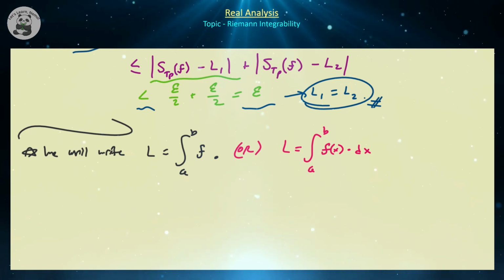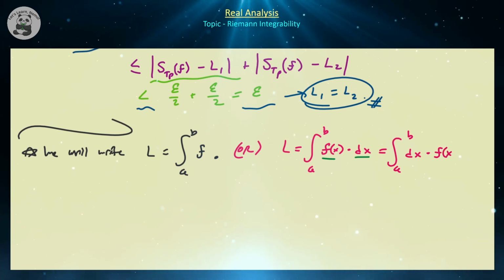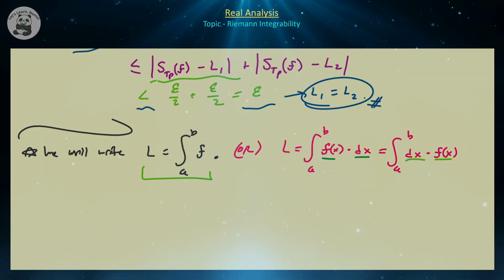And since you practically have multiplication of the height of those little rectangles in your Riemann sum times the length, then obviously multiplication is commutative, and you may even see some people write this as the integral from a to b of dx times f(x). And either one of these is perfectly fine, but I'm going to be practically staying with this first one, unless we have to go into some calculus-based calculations with Riemann integrals.